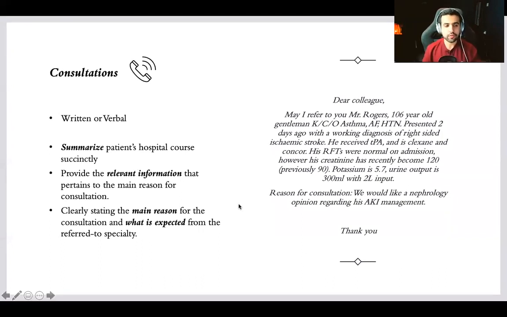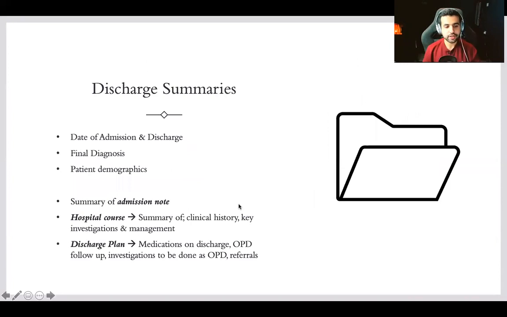But I think we're going to move on to the next documentation, which is the discharge summaries. Now, this is the easiest out of all of them, but it's the most time consuming. With the discharge summaries, the goal is to talk to the next healthcare professional, so you can use as much medical jargon as you want, because this discharge summary is meant for a healthcare professional.